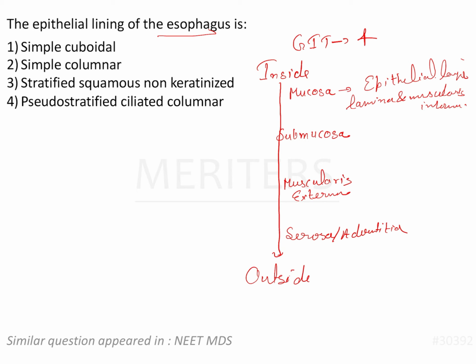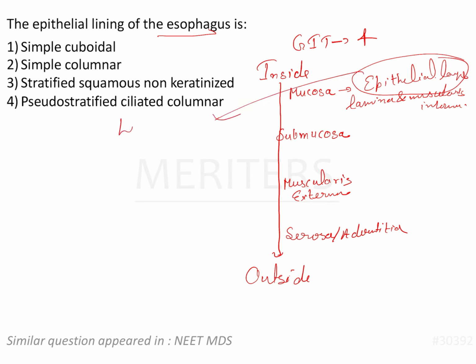Now, an important thing about this mucosa, because it is going to be the epithelial layer. The important thing about this epithelial layer, from the lip to the esophagus, is that it is going to be the stratified squamous non-keratinized epithelium. Now that is important here.